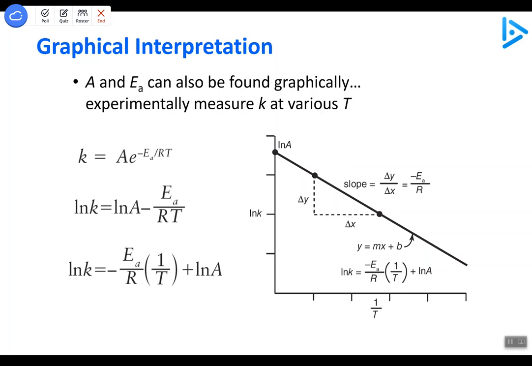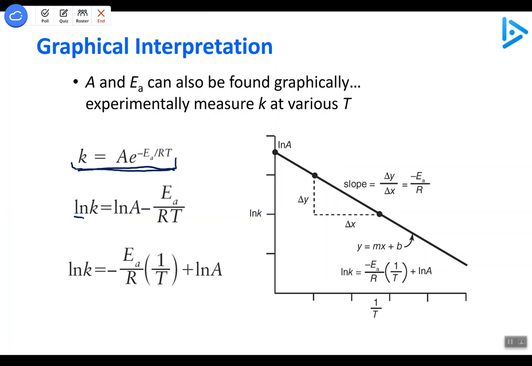Here we have the Arrhenius equation that we started with previously. We can take the ln of both sides. So that gives us the ln of the specific rate constant, and then the ln of the A multiplied by E. Mathematically, we can take the ln of the first component and add the ln of the second component.